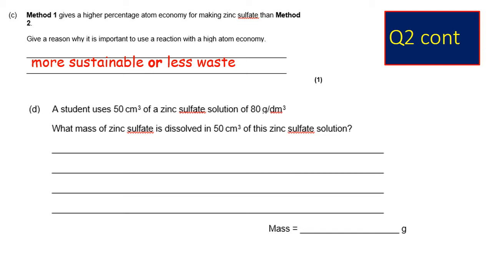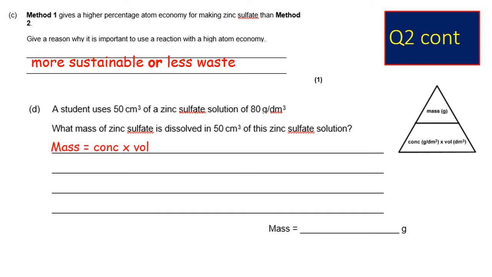We're then told that the student uses 50 centimetre cubed of zinc sulfate solution with a concentration of 80 grams per decimetre cubed. What mass of zinc sulfate is dissolved in 50 centimetre cubed of this solution? You can approach this in different ways, knowing that a decimetre cubed is a litre, and then work out ratios, or you can use your triangle.